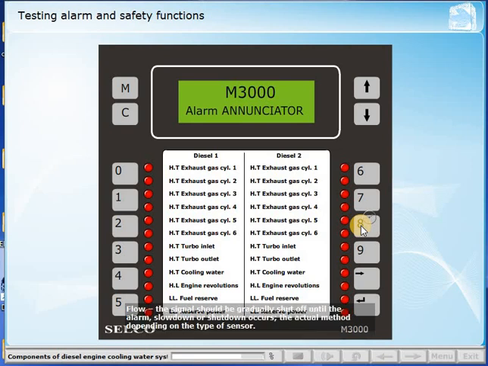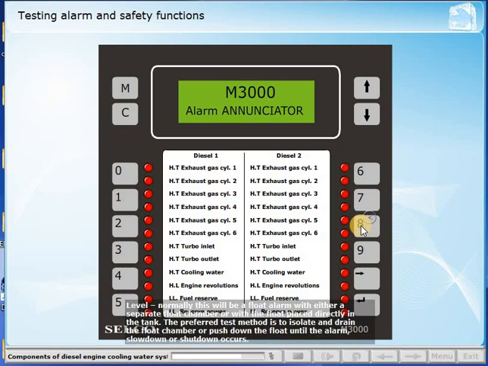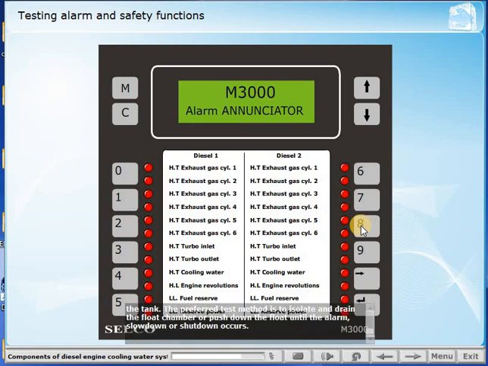Flow: the signal should be gradually shut off until the alarm, slowdown or shutdown occurs, the actual method depending on the type of sensor. Level: normally this will be a float alarm, with either a separate float chamber or with the float placed directly in the tank. The preferred test method is to isolate and drain the float chamber, or push down the float until the alarm, slowdown or shutdown occurs.